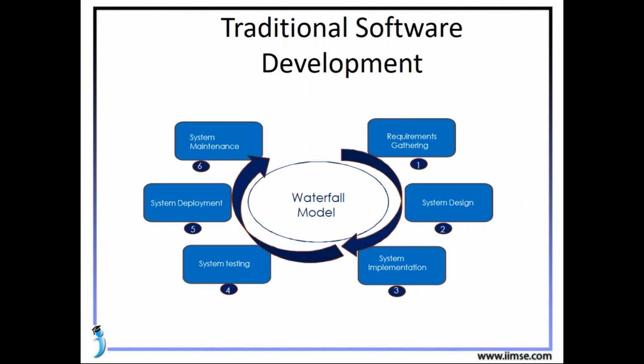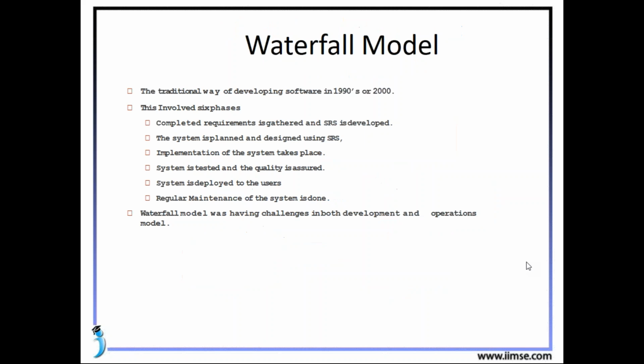This waterfall development model consisted of 6 phases. Mainly, in the first phase the complete requirements were gathered and the software requirement specifications were developed.